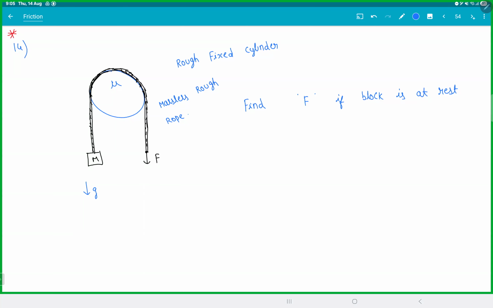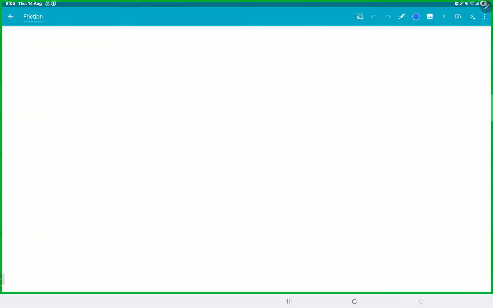Let's first try to understand what is happening. Again, we have two cases. If you apply really a lot of force, there is a maximum, so we actually get a range of forces. Let's say if you take maximum F, that means you're pulling the rope so hard the block will try to go up.